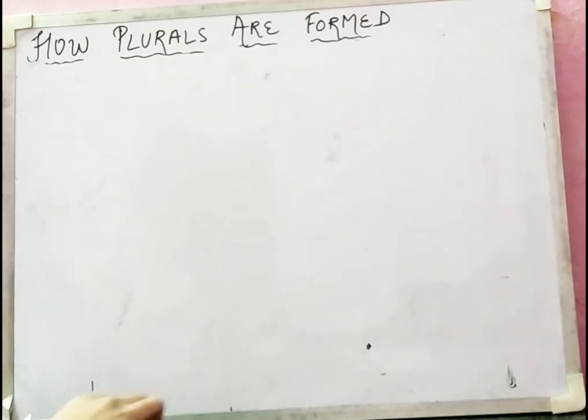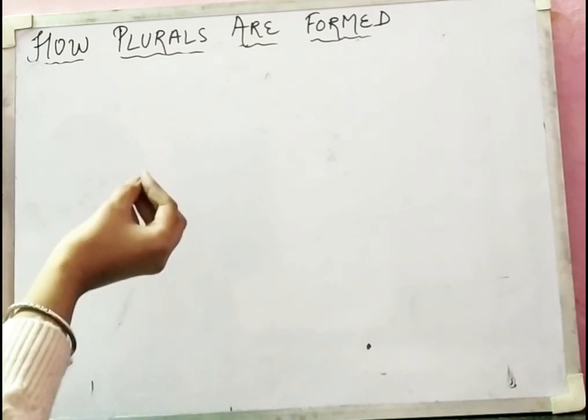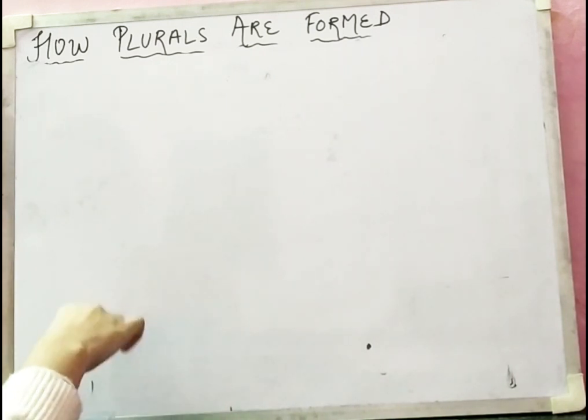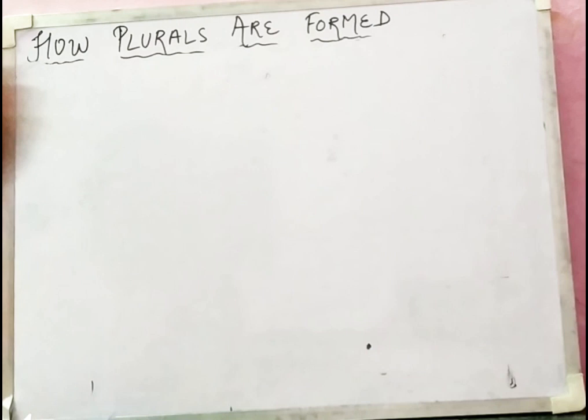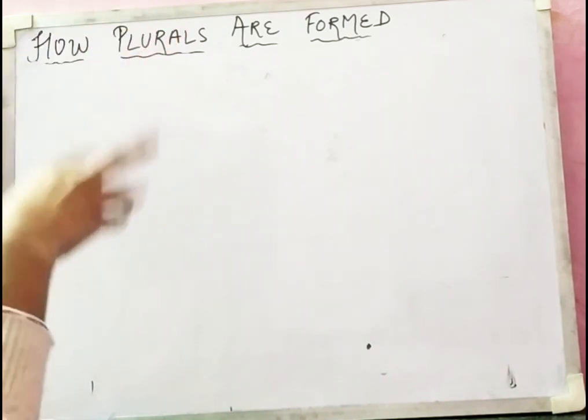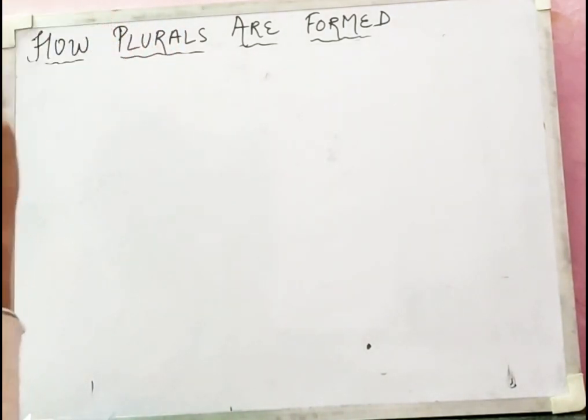Similarly, there are many words like this. The main point is letters, figures and other symbols are made plural by adding an apostrophe and s.